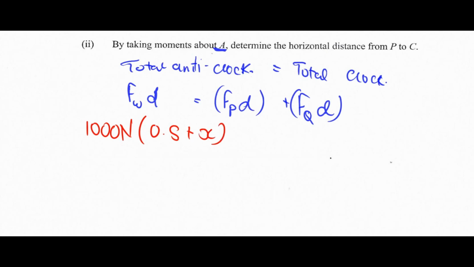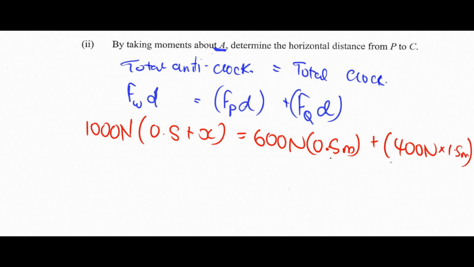That would be equal to the force on P, which is 600 newtons, I believe, and P was 0.5 meters away from the pivot A, added to the force of 400 newtons on Q being 1.5 meters away, I believe that's what I said.